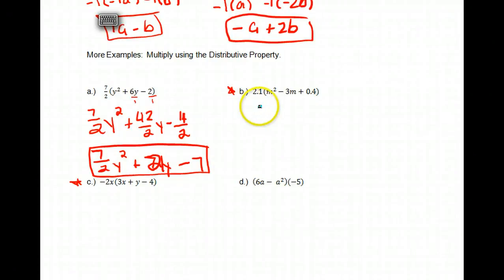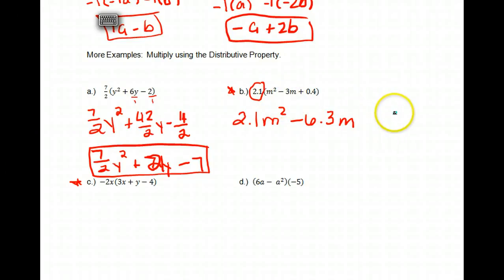Okay, at this point, everybody should have completed letters B and C. In letter B, you are distributing in a 2.1 to your quantity. So 2.1 times m squared makes 2.1 m squared. 2.1 times negative 3 makes negative 6.3 m.